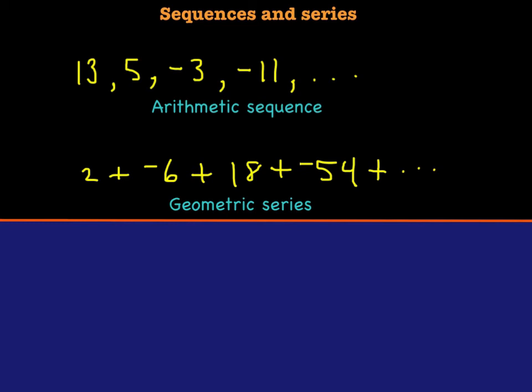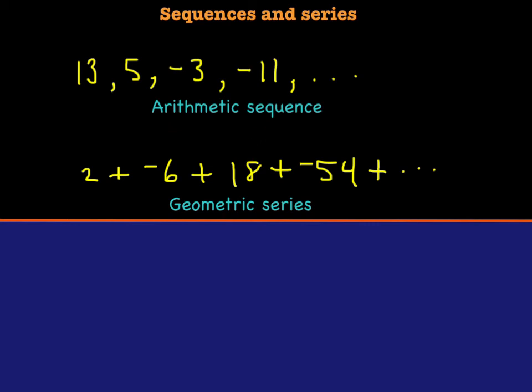So now you've seen an arithmetic sequence, just a list where each term has a common difference in between, and a geometric series, again, just a list where all the terms are separated by plus signs, and because it's geometric, all the terms have a common ratio between each consecutive term.